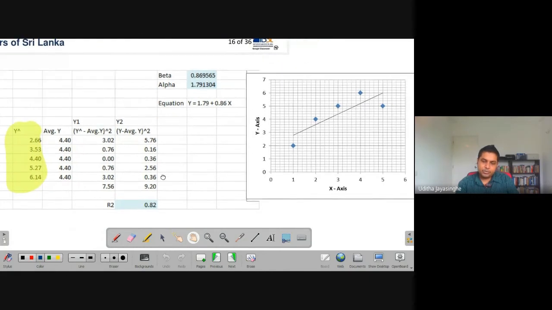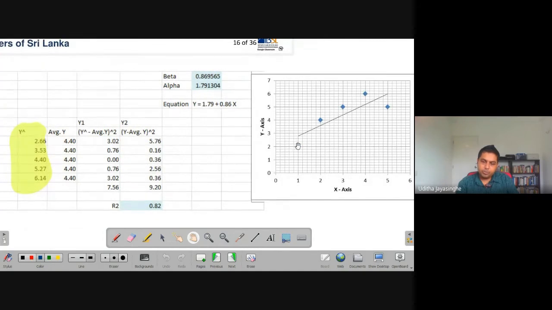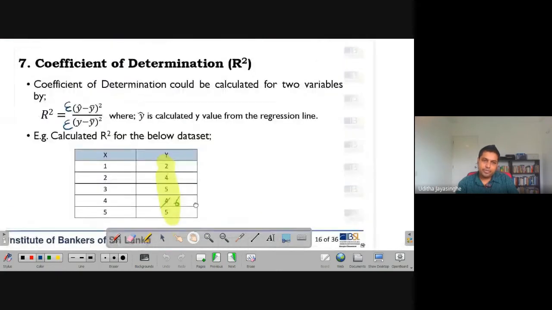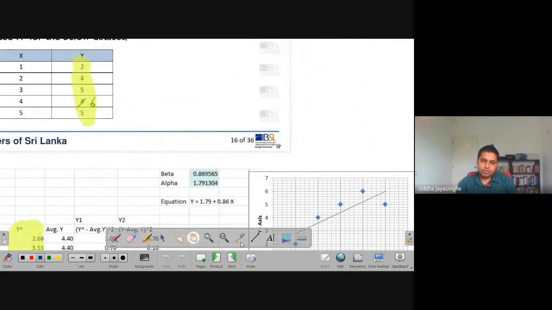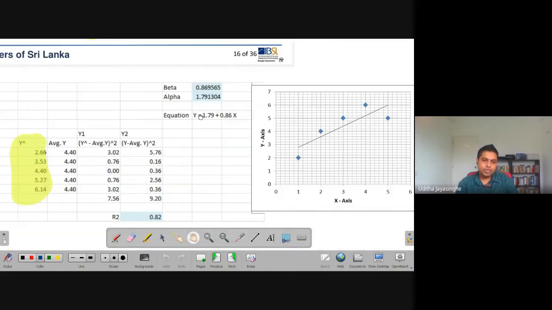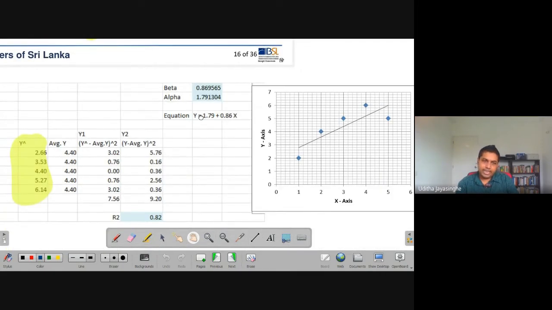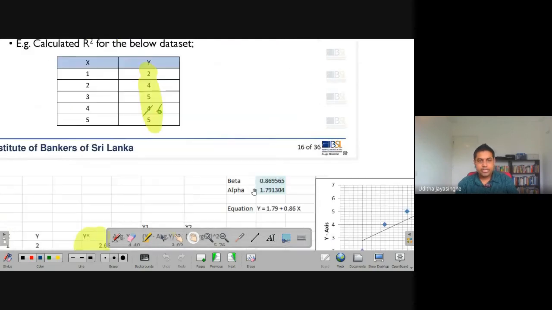Using the equation, you put in the x values and then get the predicted y values. Once you get the r square, you can comment that for this particular data, my predicted line is going to be something like y equal to 1.79 plus 0.86x, and the goodness of fit is going to be something like 82%.